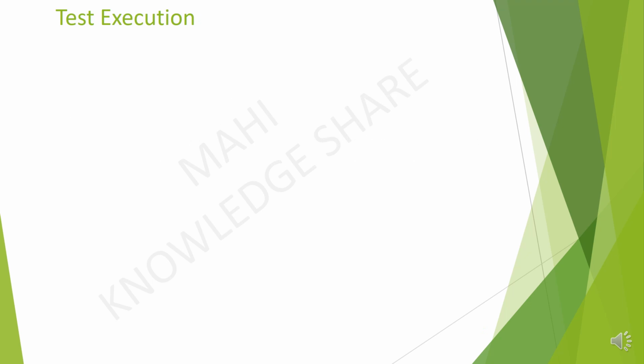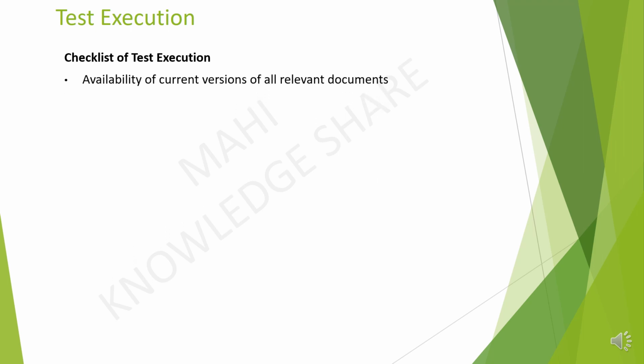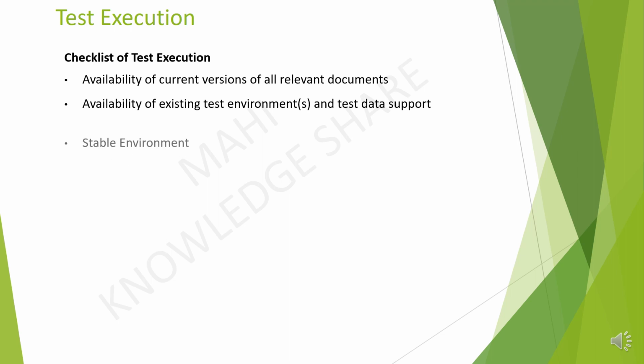Checklist for test execution phase. Checklist number 1. Availability of current versions of all relevant documents. Checklist number 2. Availability of existing test environment and test data support. Checklist number 3.